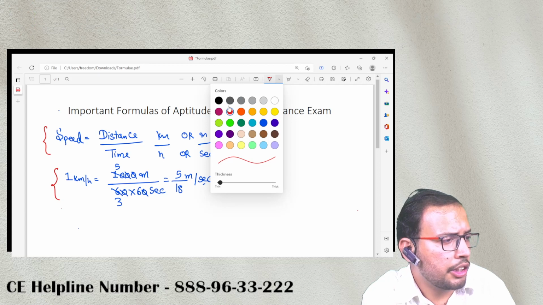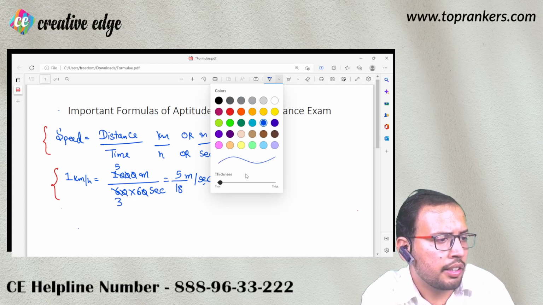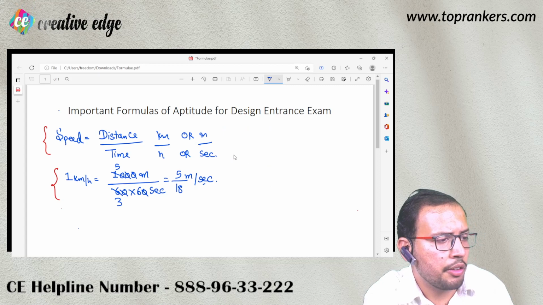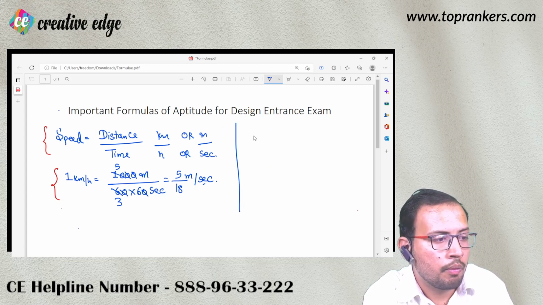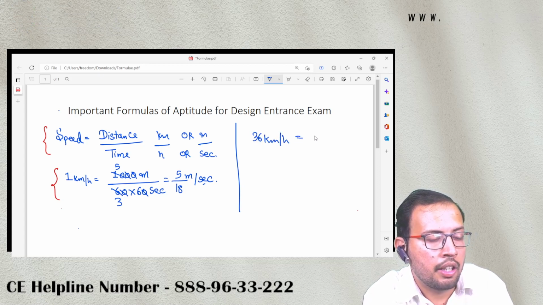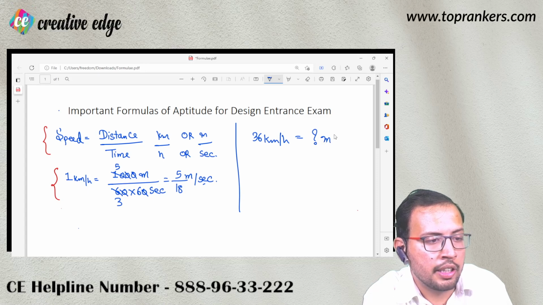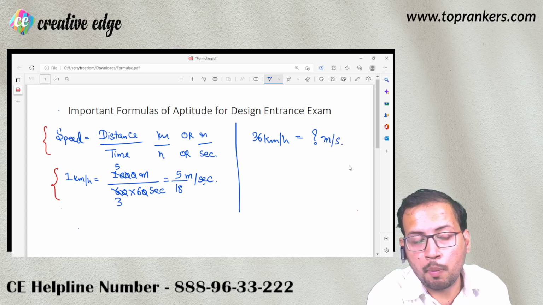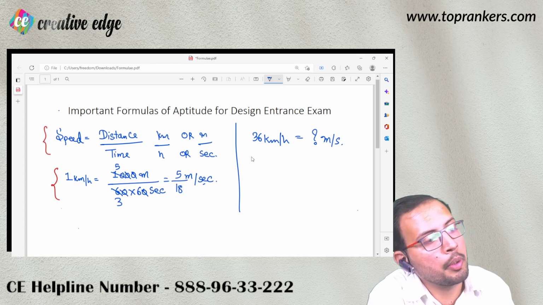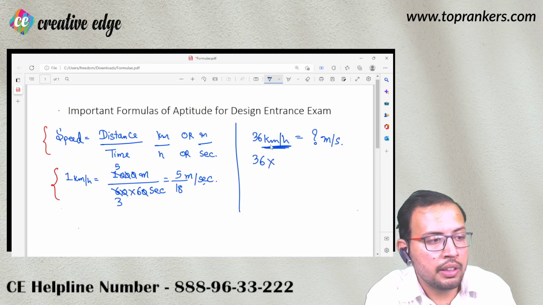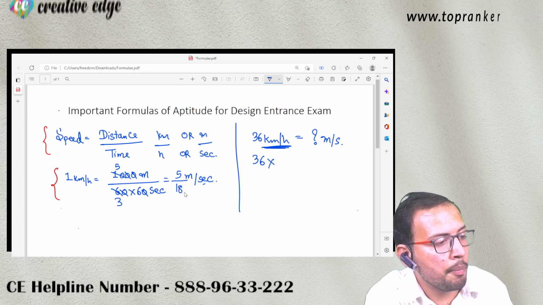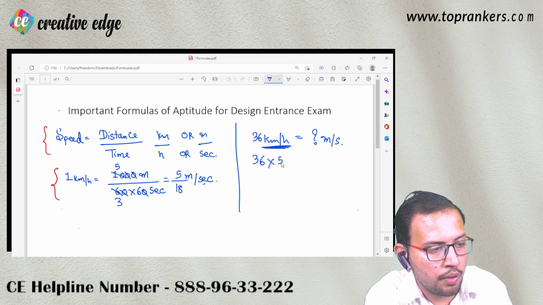To give an illustration, I use a simple concept. Let us say I wish to convert 36 kilometer per hour into meter per second. This is going to be my first illustration. So 36 kilometer per hour can be written as 36 as it is, and kilometer per hour we can write as 5 by 18 meter per second.